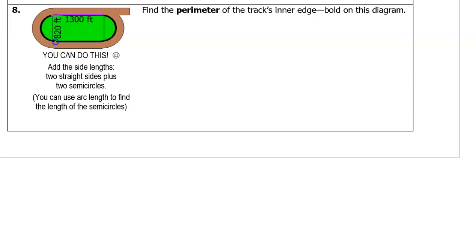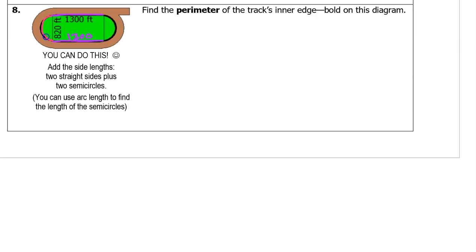And of course, that's going to be the same as the straight line on the other side of the track. So this is also 1,300 feet. So the only portion of the track that we don't know is the curved portion on the ends.